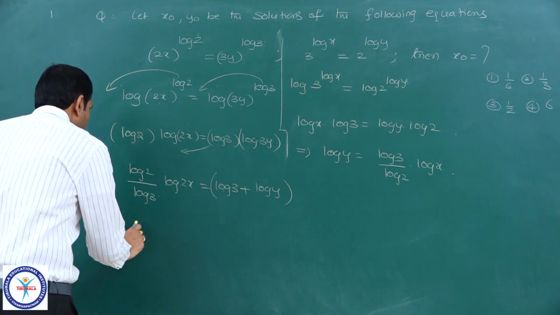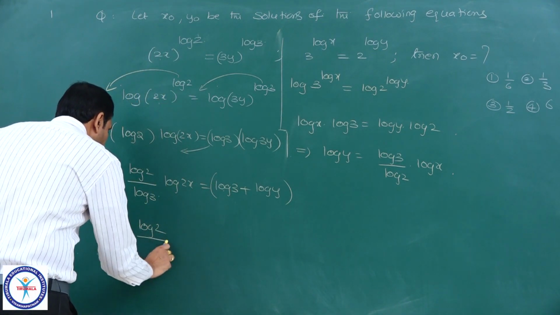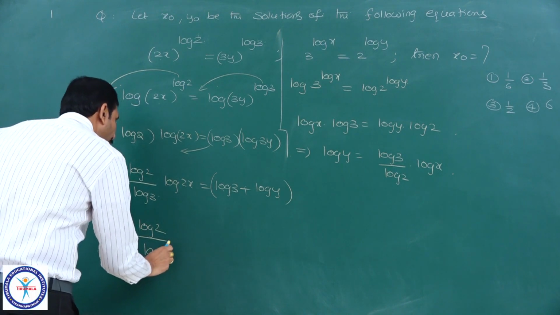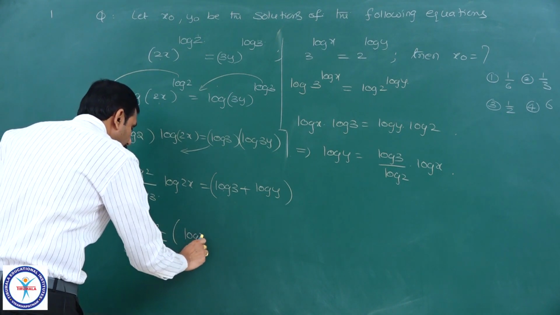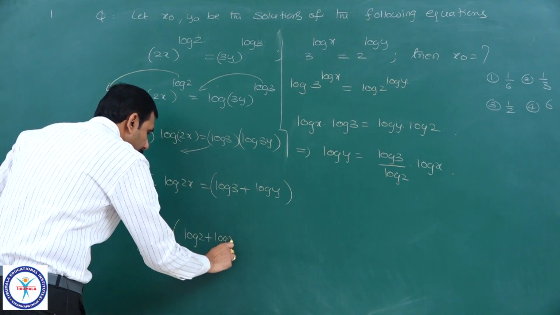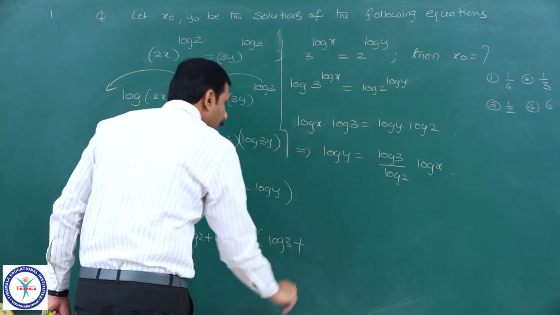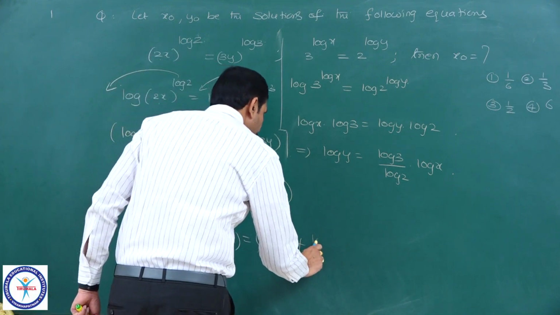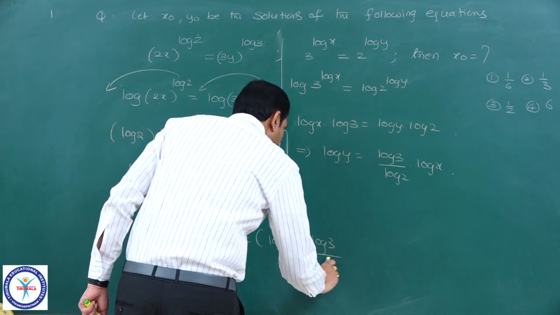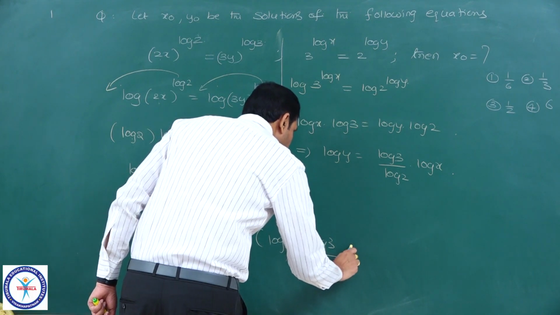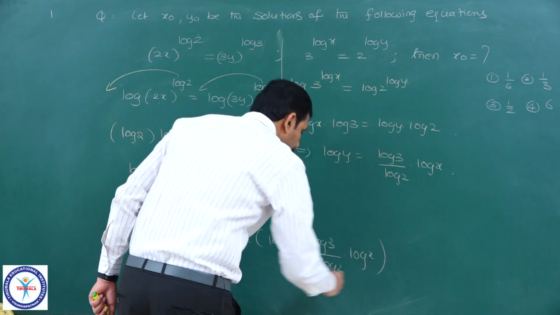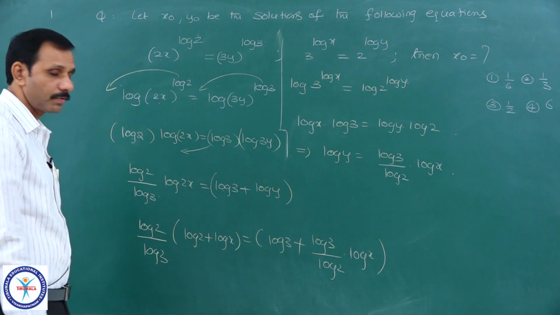Yes, it is log 2 by log 3. Of course, log 2x I will also write as log 2 plus log x, is equal to log 3 plus log y. Yes, it is log 3 by log 2 into log x. Hope you understood.